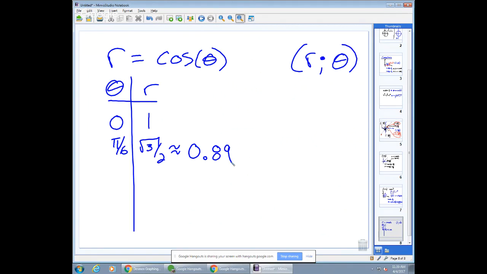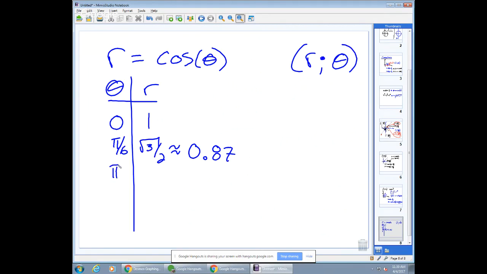Okay. Pi over 4. What's that? 0.7-ish? Oh, right. I still had that other 8 stuck in my head in the wrong spot. Okay, thank you very much.